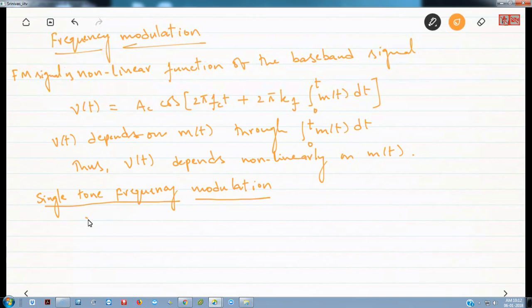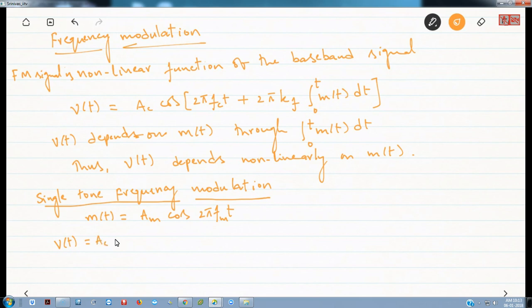That meaning our m of t is a single frequency component, A_m cos 2 pi f_m t. Then what is our frequency modulated signal?